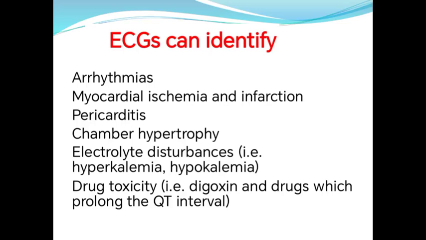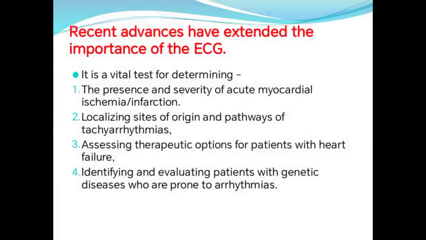Drug toxicity such as digoxin, and any drug that prolongs the QT interval, such as antiarrhythmic drugs like procainamide and amiodarone. All these drugs can cause prolongation of the QT interval, so you can use the ECG to diagnose this prolongation and the effect of these drugs on the heart.